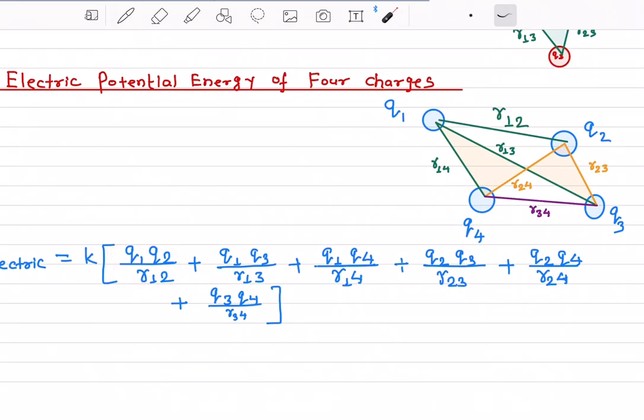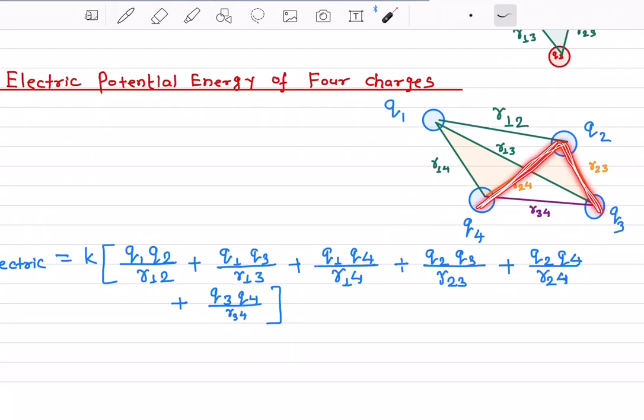Due to Q1 and Q2, this is the potential energy, Q1 Q2 divided by R12. R12 is the separation between Q1 and Q2. Then we're going to find out Q1 and Q3. This is due to Q1 and Q3. Next, Q1 and Q4. This is the potential energy of Q1 and Q4 together.